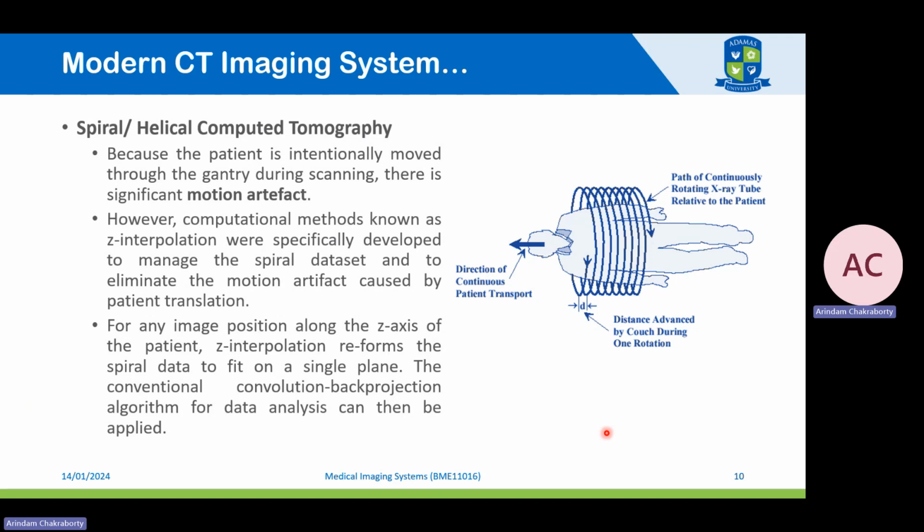Motion artifacts are generated because the patient is also being moved along with the X-ray source or the detector array. But there is a specialized algorithm known as Z interpolation, which reduces this motion artifact by restructuring the spiral data to fit it in a single plane so that the typical reconstruction algorithm like the convolution or the back projection algorithm can be applied.